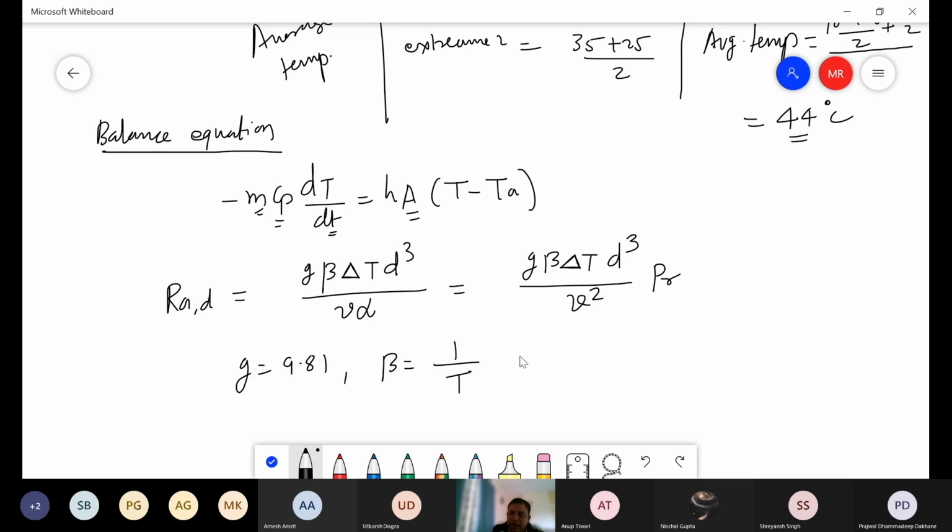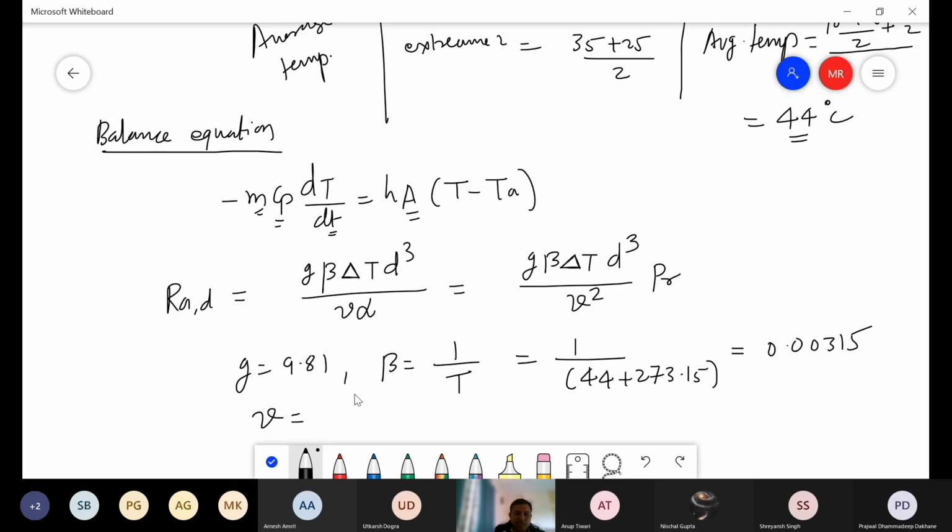So beta will be given by 1 upon 44 plus 273.15. So this will come around 0.00315. Check whether this is correct.